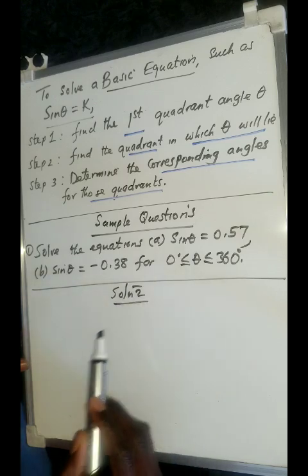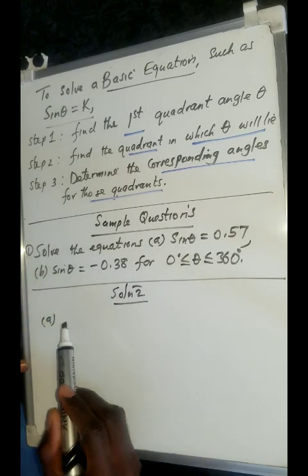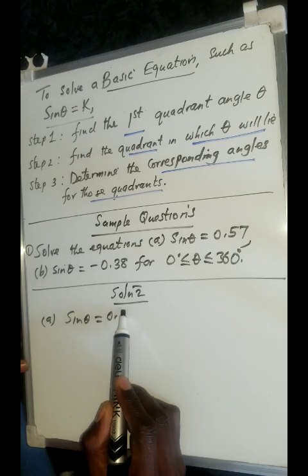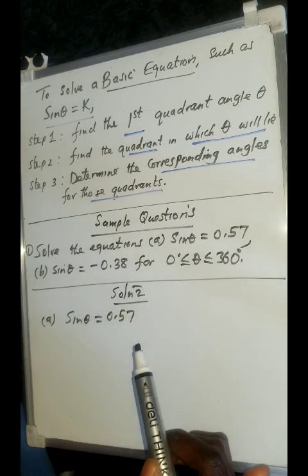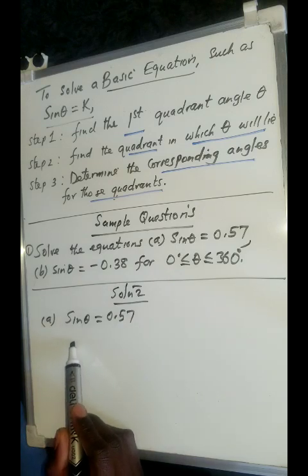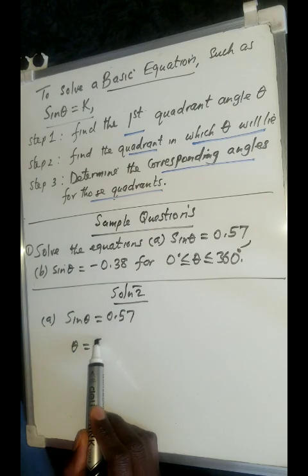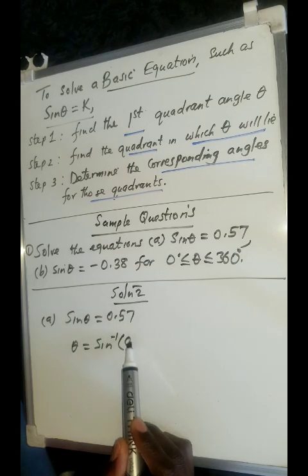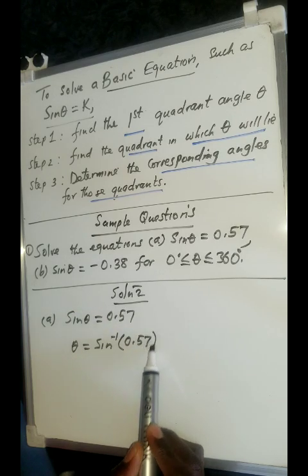To solve such basic trigonometric equations, for (a) we are going to say sine theta is equal to 0.5. Remember, our step is to find the angle in the first quadrant. So how do I get this theta? It is going to be sine inverse of 0.5.